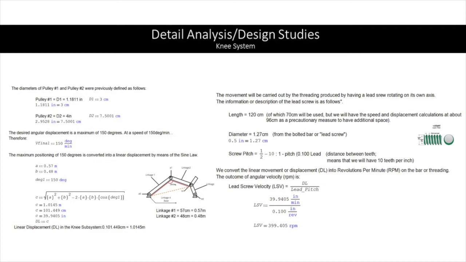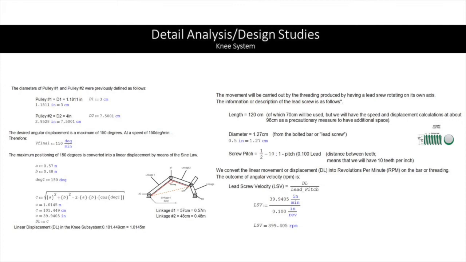The screw pitch would be 0.5 minus 10 for one pitch. That means that the lead will be 0.100. These definitions give us the distance between teeth, which means that it will have 10 teeth per inch.